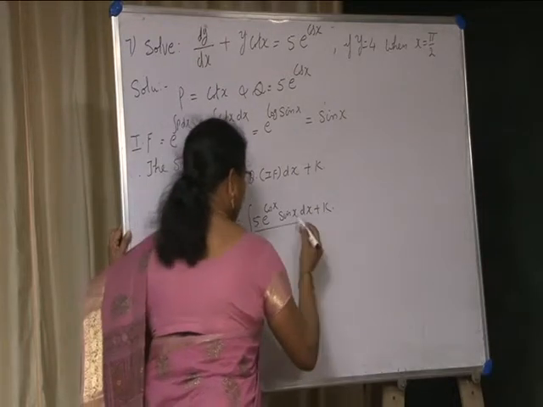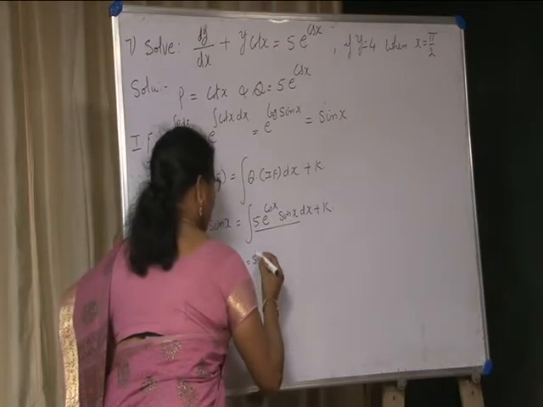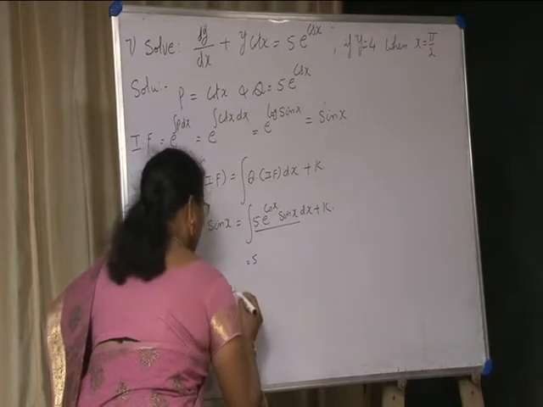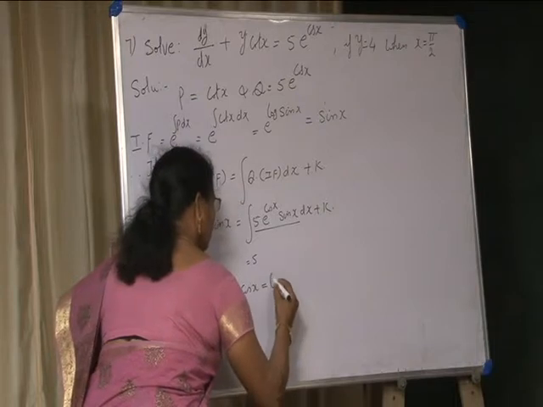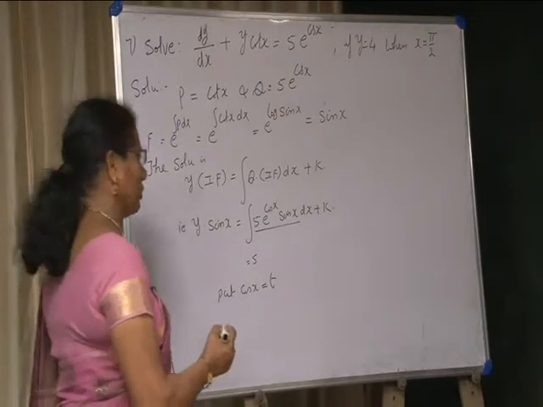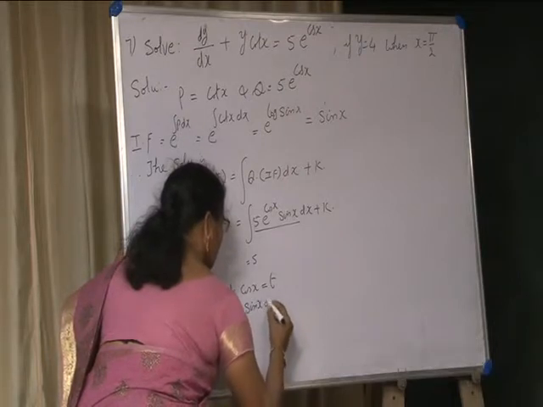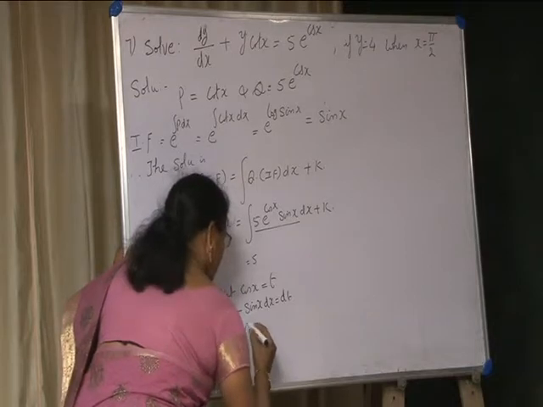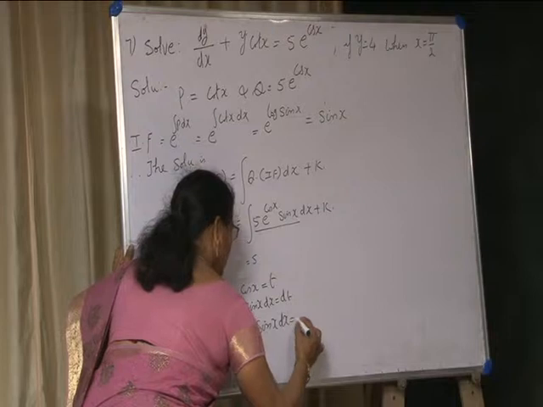So this we have to integrate now. 5 is constant, we have taken outside. Put cos x is equal to t, differentiate with respect to x: minus sin x dx is equal to dt, that is sin x dx is equal to minus dt.